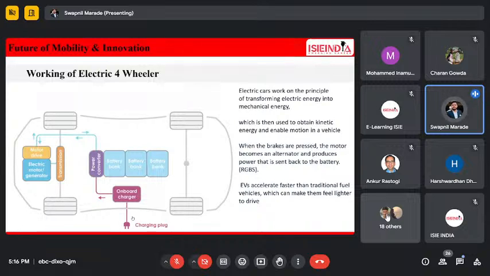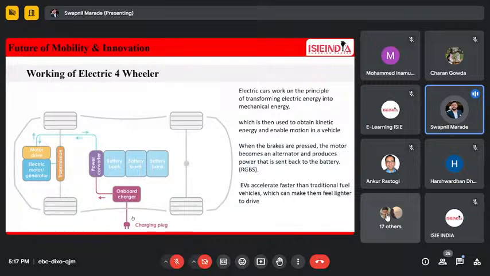The EV accelerates faster than a traditional fuel vehicle, which makes it feel lighter to drive. As shown in the figure, the charger charges the battery with the help of an onboard charger, which converts AC current to DC. The power converter stores that in the battery. The battery sends power when you start your electric vehicle. The power goes to the motor with the help of the controller, and is sent to the transmission.